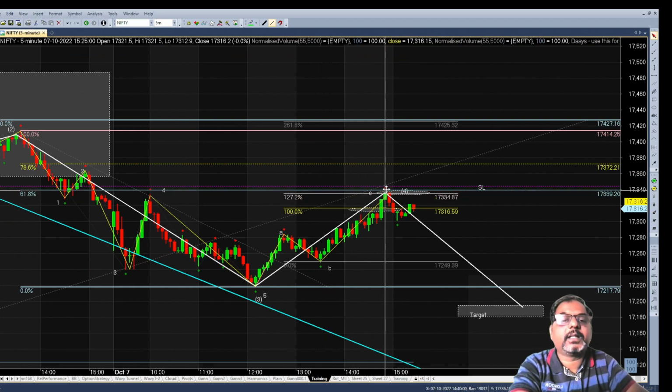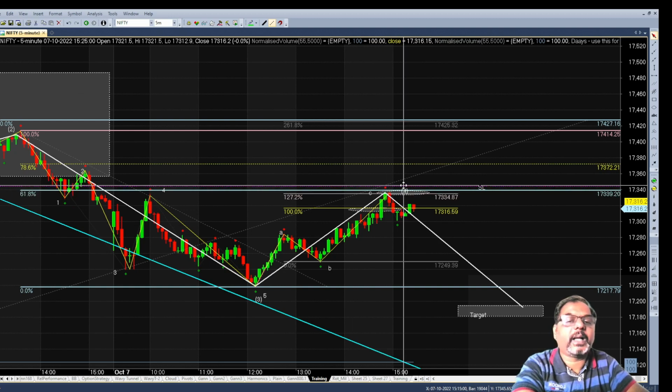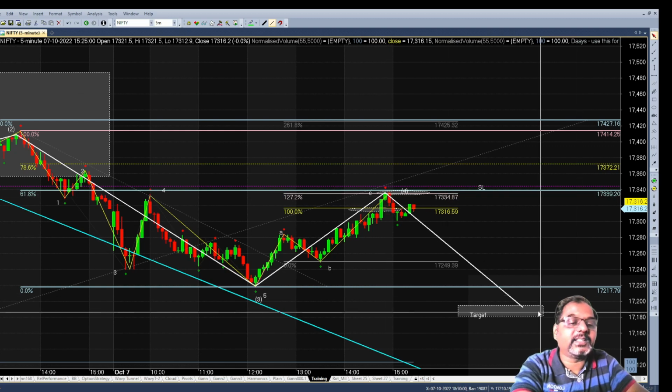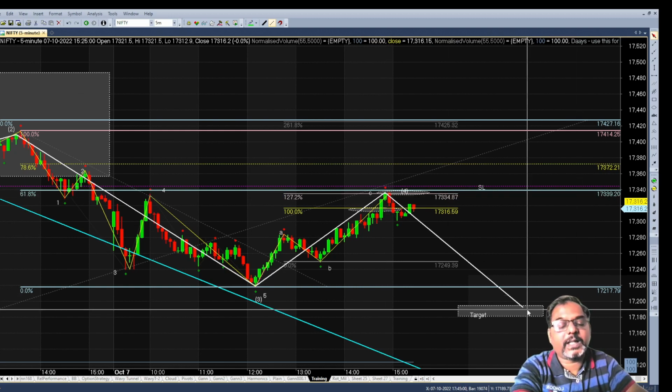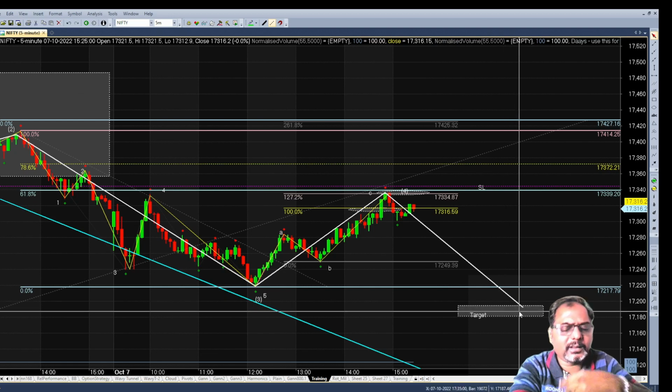Okay, and here if you look at it, I actually posted this to one of the groups when the market was very, very close to the high, and the stop loss that I had put in was 17,345, could have been the entry, and my target is all the way here, 17,190. And I'm fairly sure that this target is going to be hit. You are also seeing it in SGX Nifty.